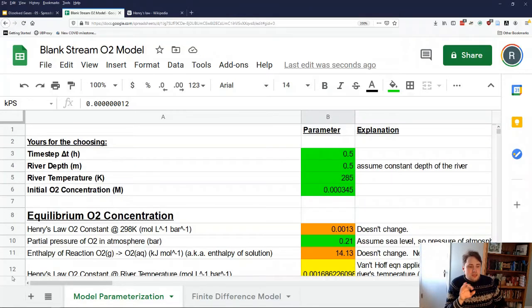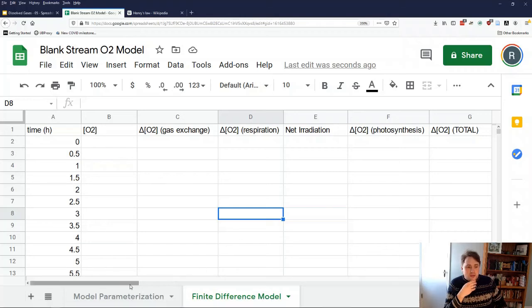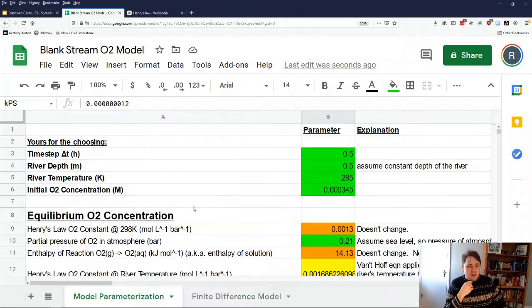And now, this is just a way that I wanted to organize it so it's easy for you to see what values we're using. These are all the parameters that we're putting into the model. And now we have a separate spreadsheet where we're going to actually build the finite difference model. And here I have columns for time. And you see this is related to the time step, A2 plus delta T, A3 plus delta T. So each time it just adds whatever delta T you put right here.